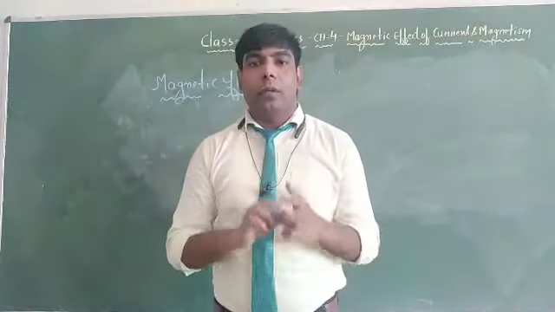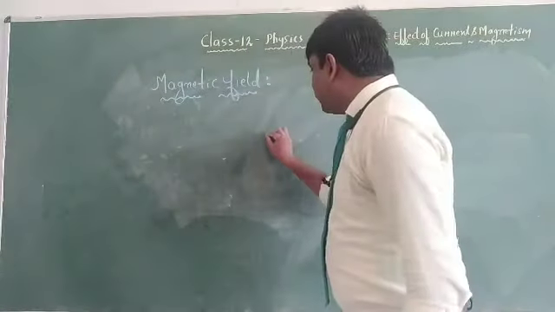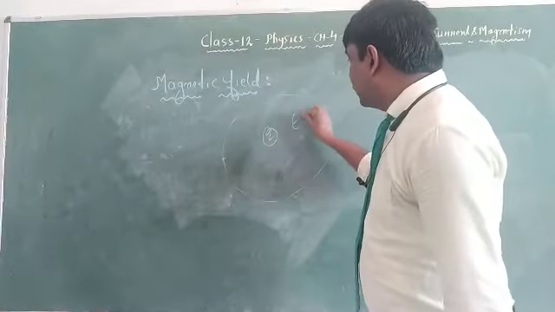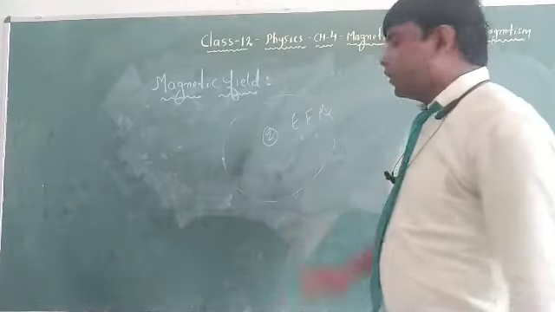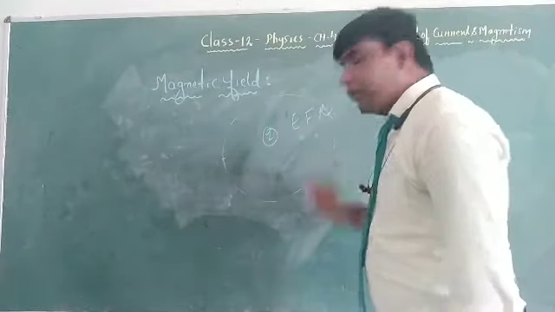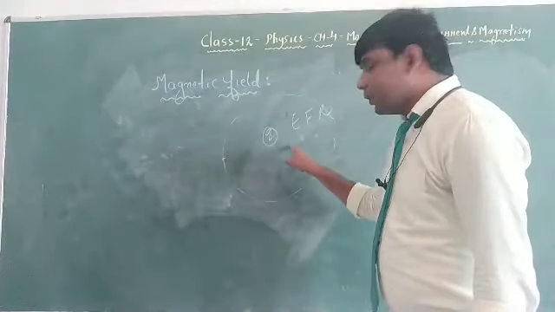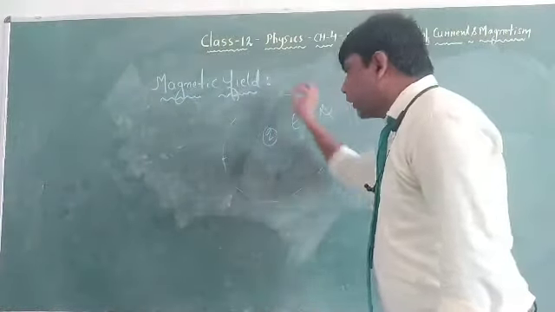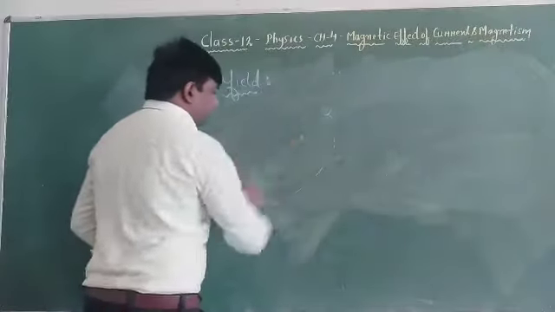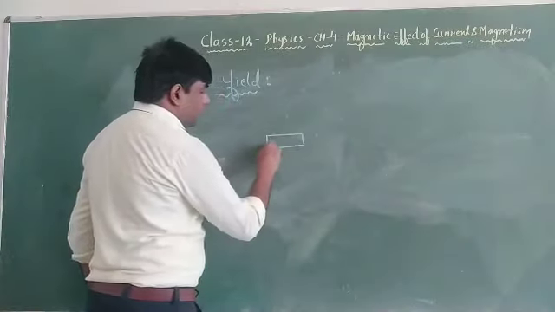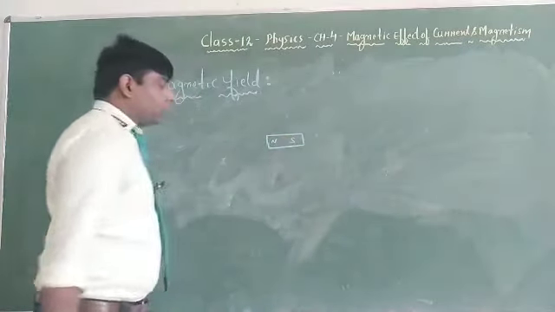For example, if we talk about the electric field, if there is a charge here, this is the electric field region. Then in this region, the effect of the charge can be felt. That is, the force due to the charge can be felt in this region. That region is known as the electric field. Similarly, if we talk about the magnetic field, let us see. North pole, south pole.